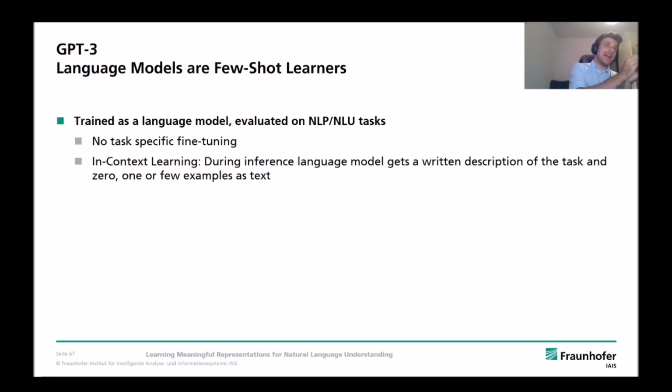And then in the last line, they would enter something like German Tastatur is English, and leave it blank. And then they would evaluate the answer of the model. And you would be surprised how often the model outputs the right answer without being explicitly trained to do so and without having its parameters adjusted to do so.